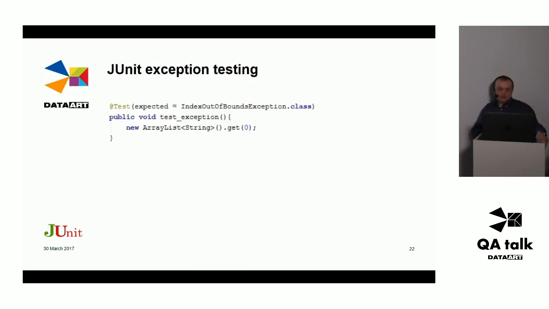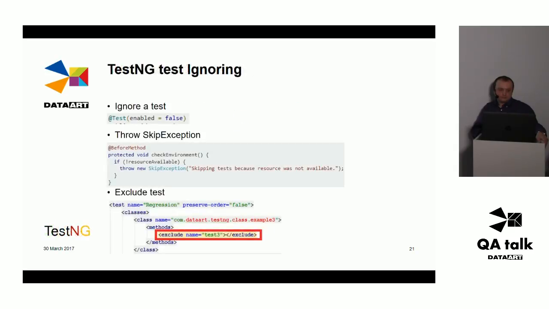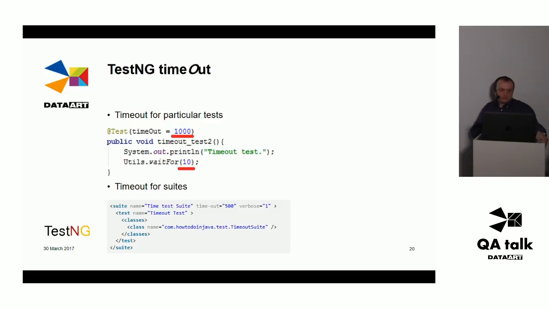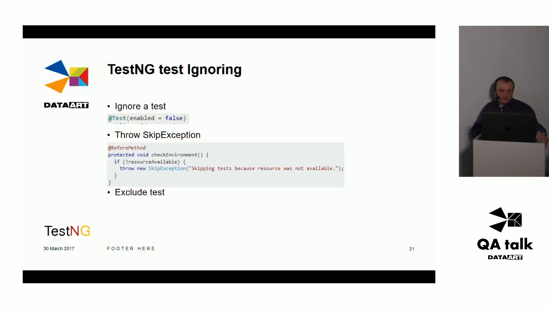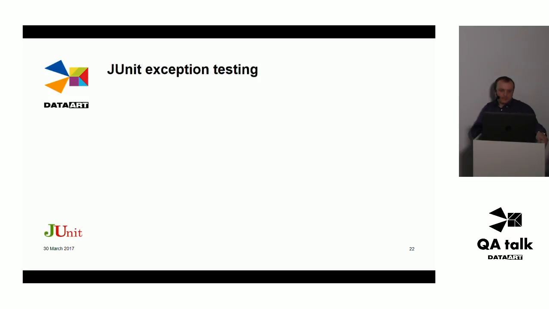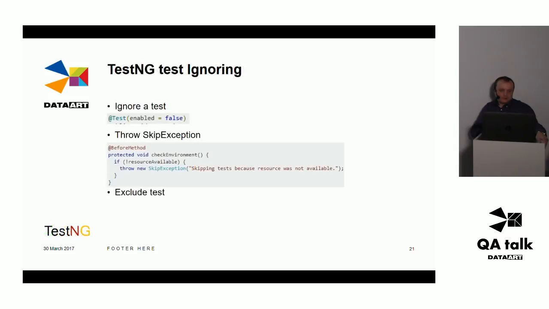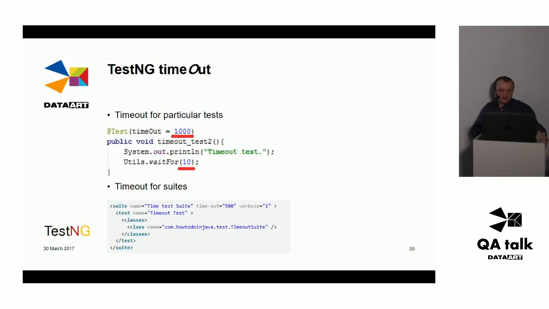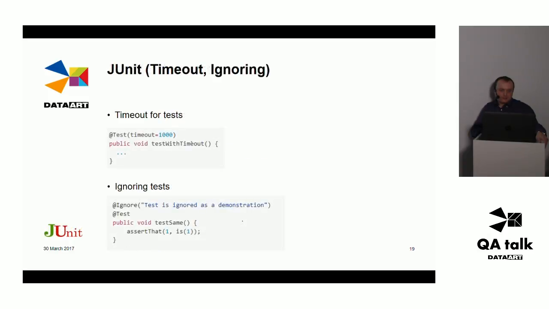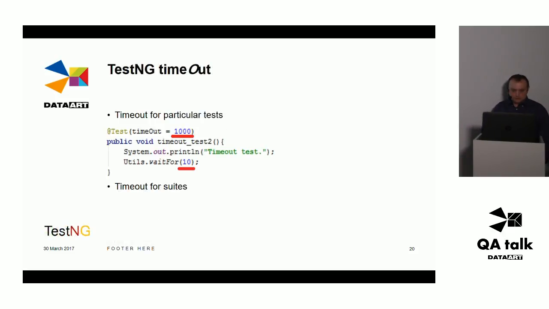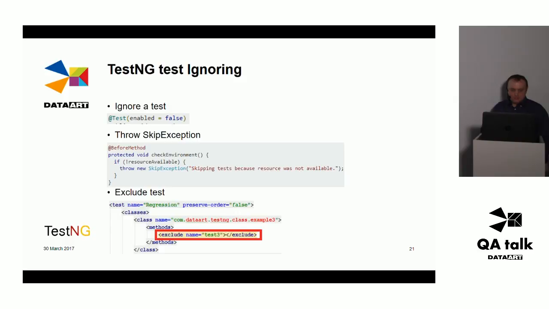In JUnit, it is one possibility. In JUnit 5, as I understand, it is the same. In TestNG you have more possible variants.